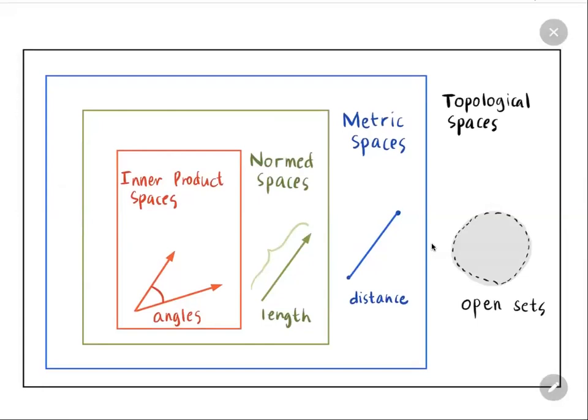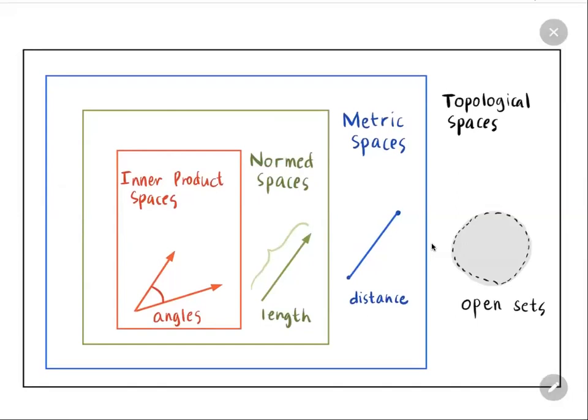And hence, you will have the concept of convergence, continuity, and compactness. With this, you have the metric spaces, generalizing our notion of distance. And we know that a metric will induce a topology called the metric topology, for obvious reasons. In this way, the open sets are generated by the open balls with respect to the metric.